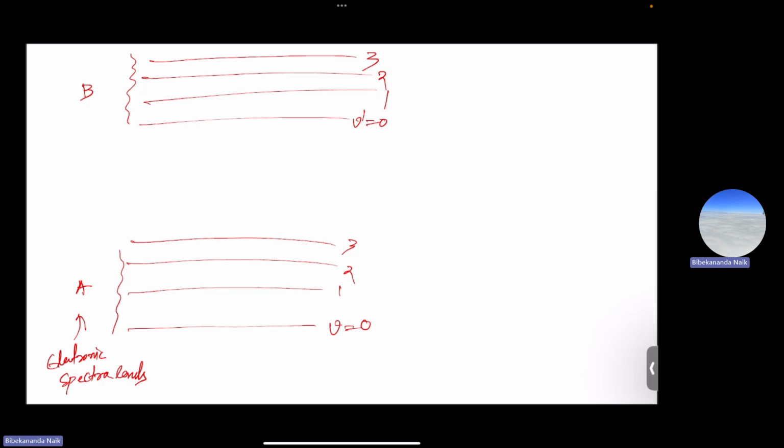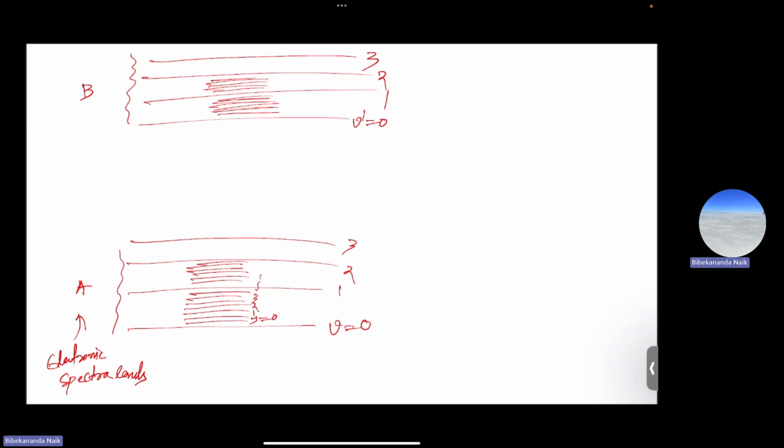Corresponding to each vibrational level, there are rotational levels like this. In here also, there are rotational levels, and they are denoted by J. So J equals 0, 1, 2, 3 like that.